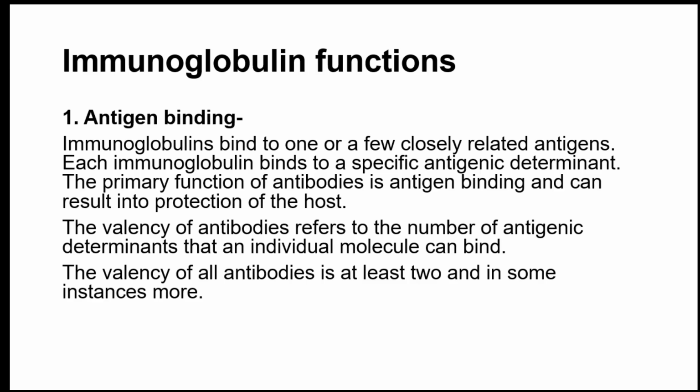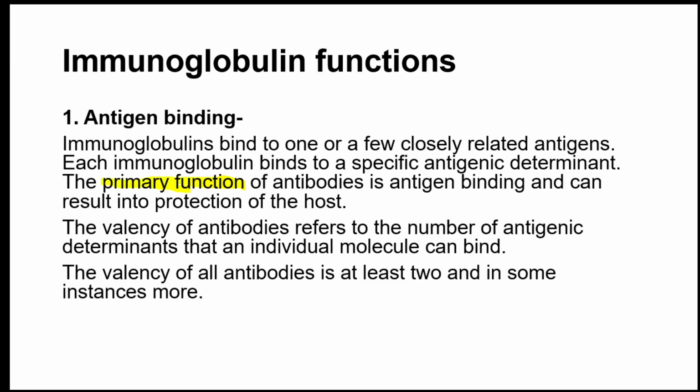There are some of these immunoglobulins which bind to only one antigen, and there are others which bind to more than one, but they are closely related. The primary function of these antibodies is antigen binding.